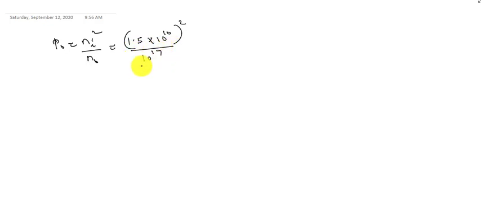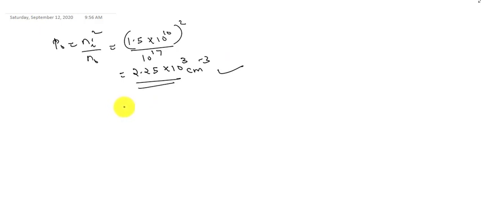N0 is equal to Nd, so 10 raised to 17. This is equal to 2.25 into 10 raised to 20 by 10 raised to 17, which means 10 raised to 3. This is the answer for P0 that is asked in the question, that is, the equilibrium hole concentration value.